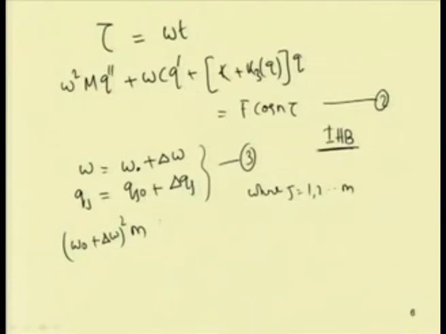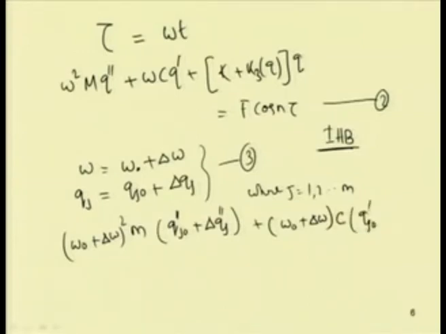This will be equal to q j 0 double dash plus delta q j double dash, plus, for omega I can substitute omega 0 plus delta omega, then c, and for q dash I can write q j 0 dash plus delta q j dash. Similarly, for the stiffness term, this will be k plus k q.